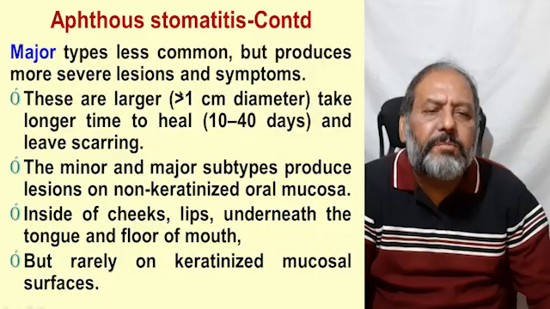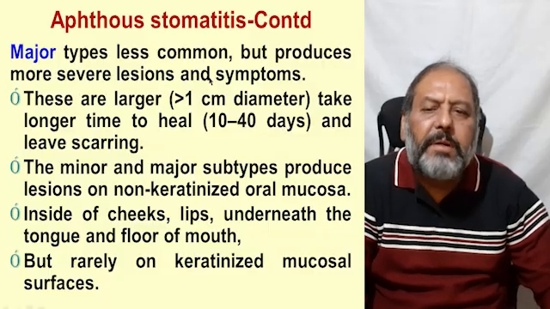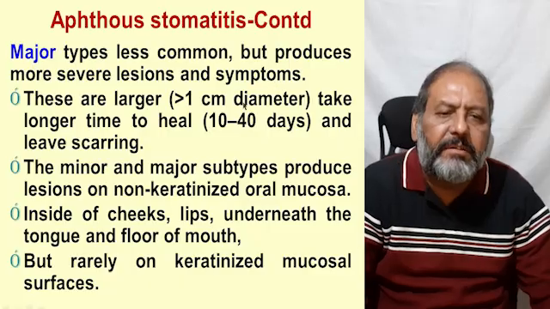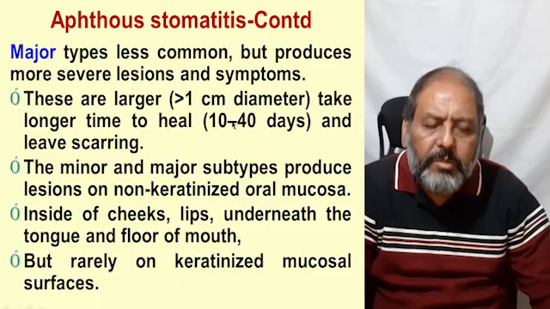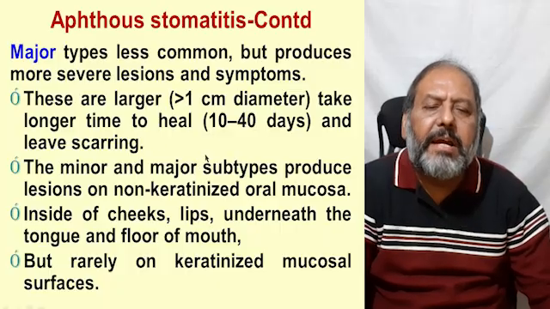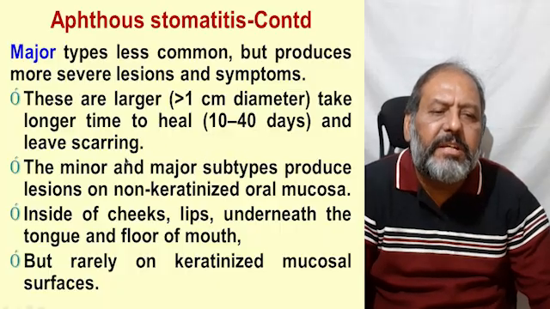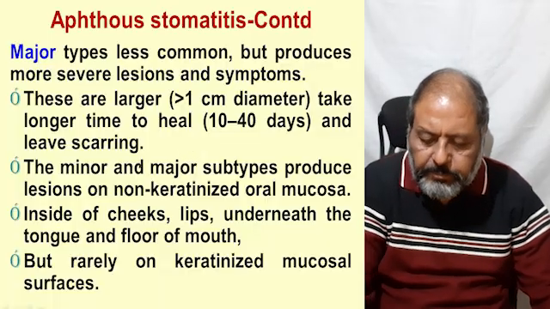The major types of aphthous stomatitis are less common but produce more severe lesions and symptoms. These are larger, more than 1 centimeter in diameter, take longer to heal, about 10 to 40 days sometimes, and leave scars also.